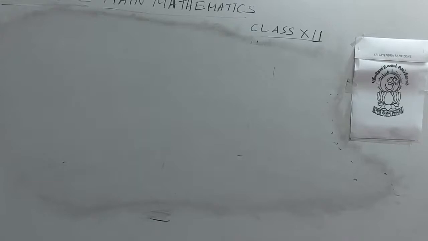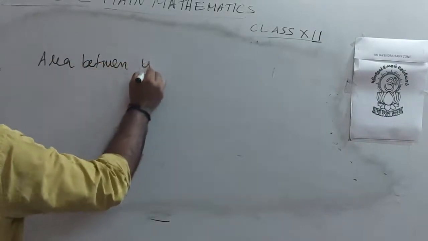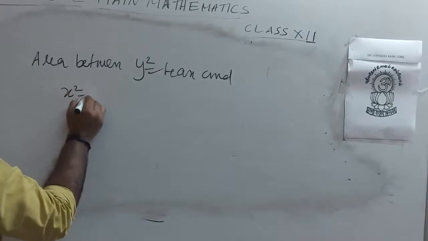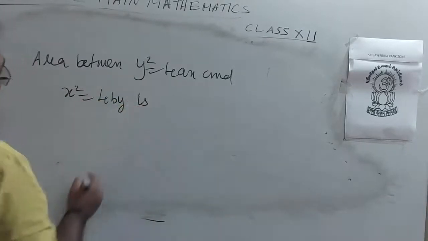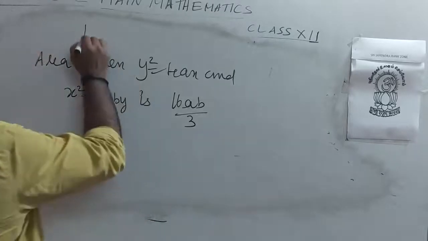I'll give a few more results. The area bounded between y squared equal to 4ax and x squared equal to 4by is 16ab by 3.